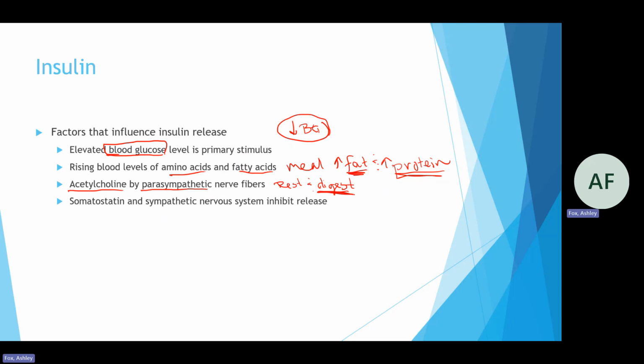So if you're resting and now you can digest the meal that you had a couple hours ago, then you can increase your insulin as well. Sympathetic nervous system, you're not going to worry about digesting because you're either fighting or running. And somatostatin that we talked about, released by the pancreas, is going to inhibit release of insulin as well.